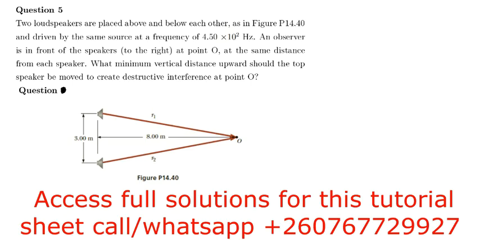So for a destructive interference to occur, the path length must differ by plus or minus half a wavelength. Then for a constructive interference to occur, the path length must differ by plus or minus the wavelength.